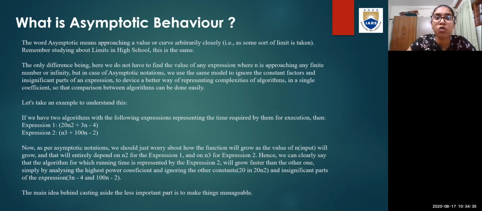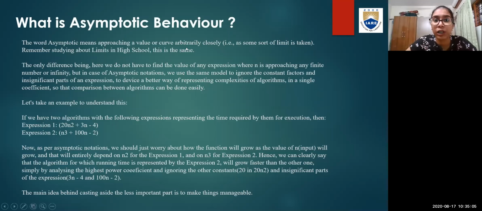But when you speak about the asymptotic behavior, you do not evaluate the value of an expression, but you basically ignore the insignificant parts of an expression or the constants in an expression. So the word asymptotic means approaching a value or a curve arbitrarily closely. That is, as some sort of limit is taken, you approach a value or a curve arbitrarily closely.